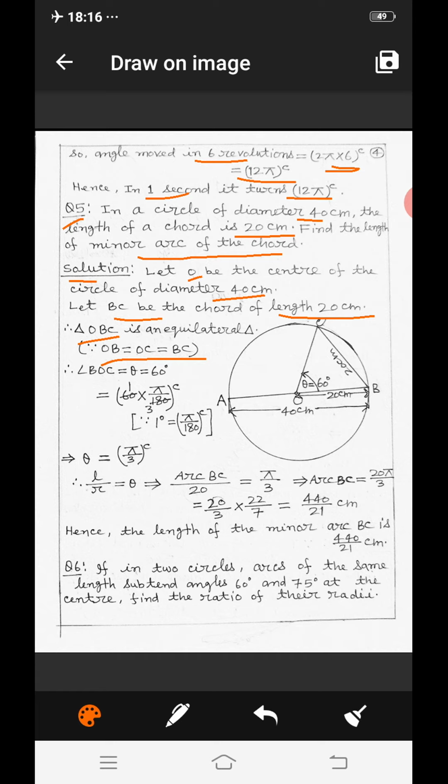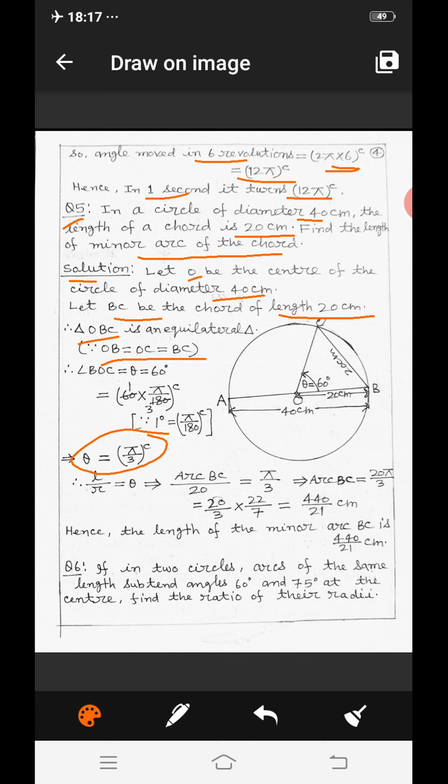When 60 degree is converted into radian, we get 60 into pi by 180 radian. After solving we get theta is equal to pi by 3 radian.